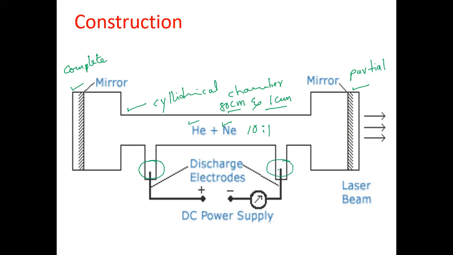These 2 electrodes are connected to a DC power supply. This DC power supply continuously emits accelerated electrons towards the gas mixture. This is the construction of the helium and neon gas laser.